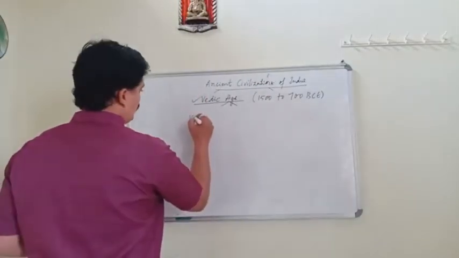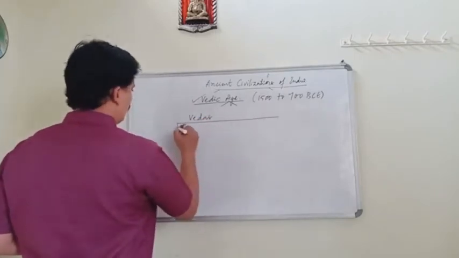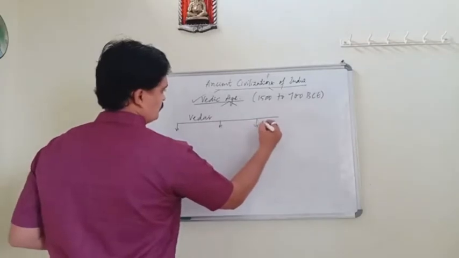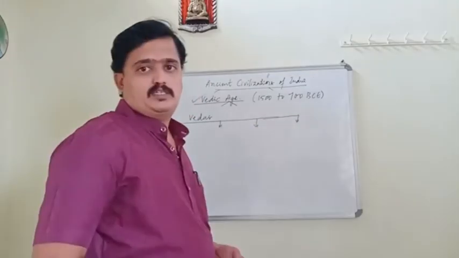And we have already known that the Vedas are subdivided into four categories. Which are those?